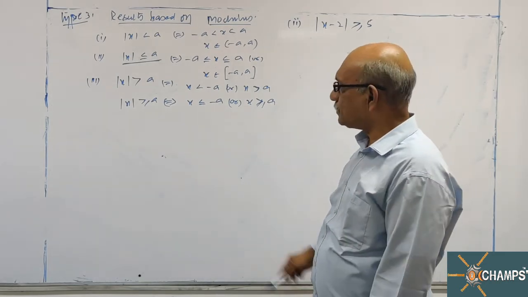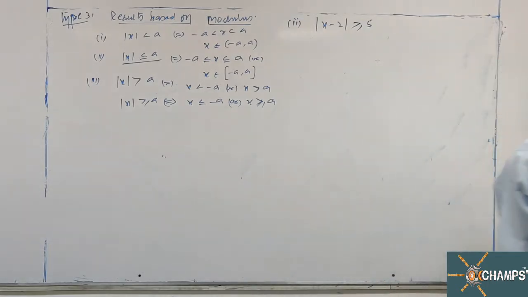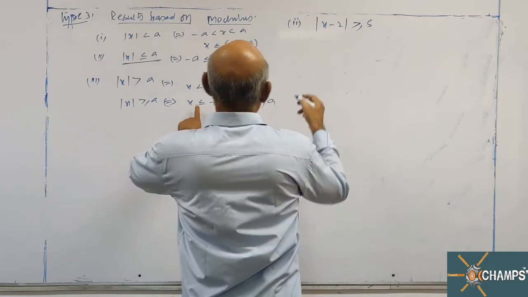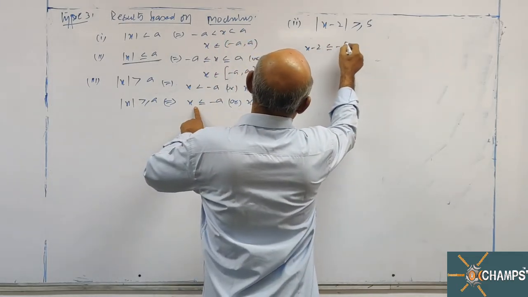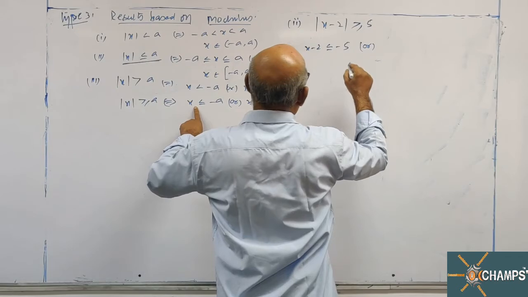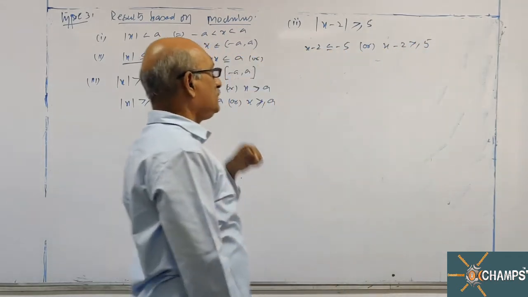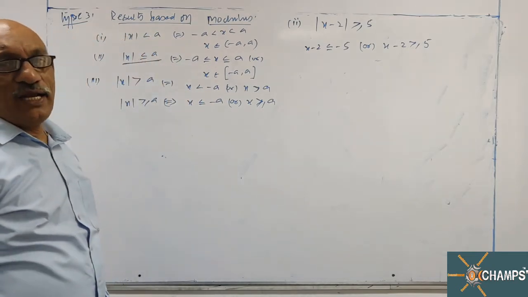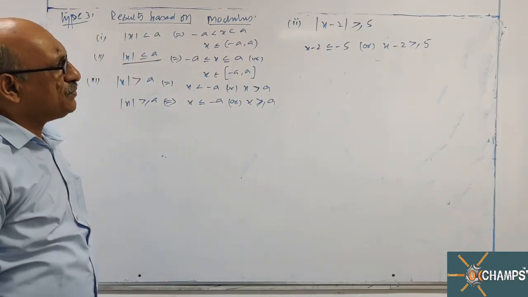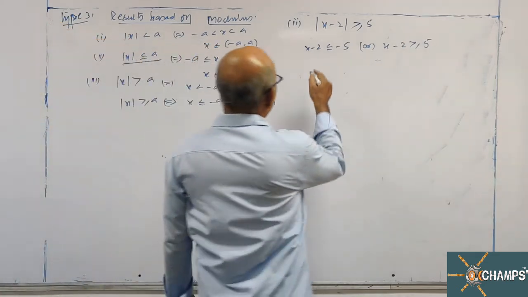So x minus 2 is less than or equal to minus 5, or x minus 2 is greater than or equal to 5.